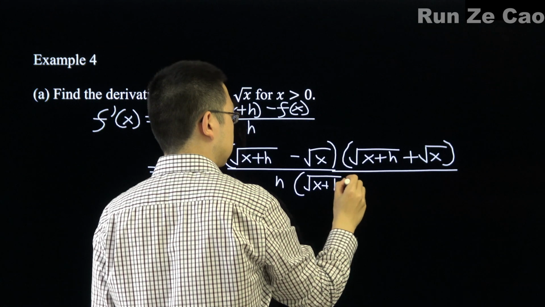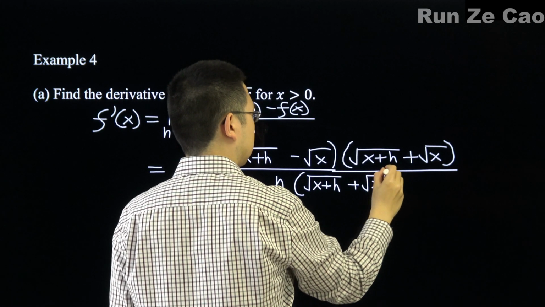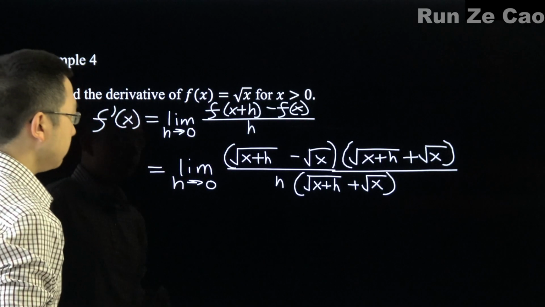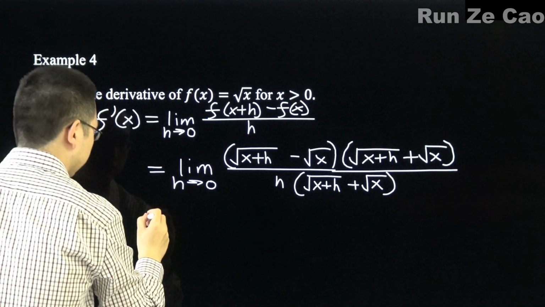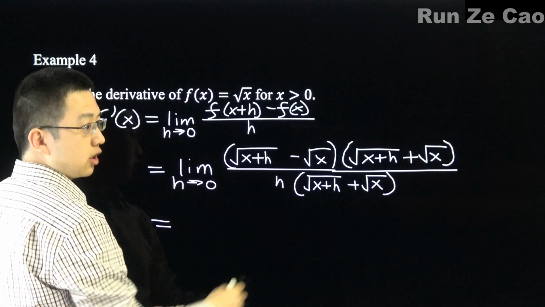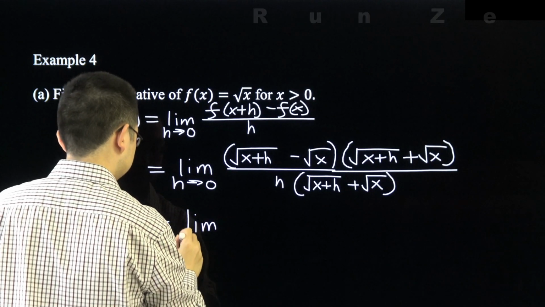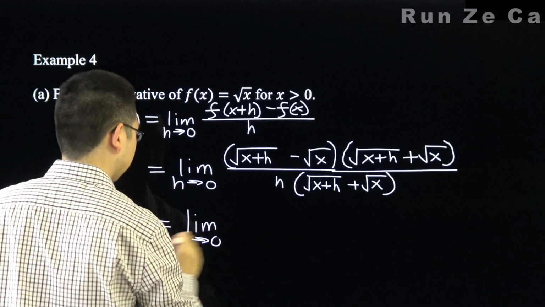Root of x plus h plus root x. Okay, what do we end up with? We end up with x plus h minus x. But first we have to end up with this limit.